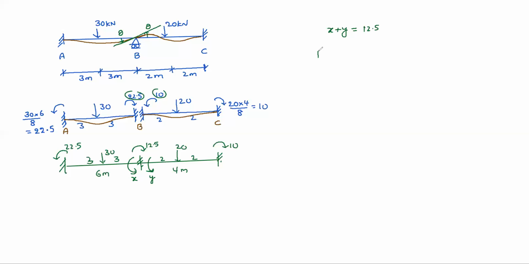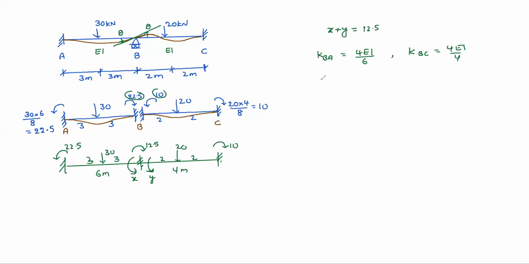So stiffness of KBA is how much? 4EI by L. Let us assume both spans have same flexural rigidity. So 4EI by 6, because far end is fixed, is the stiffness KBA. Stiffness KBC equal to 4EI by 4.